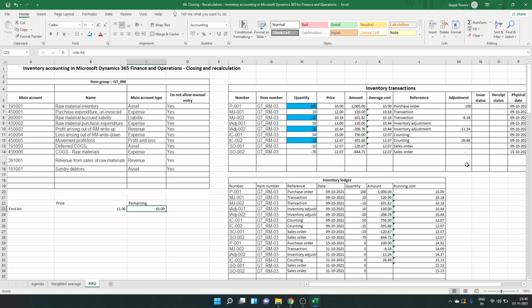So this 10 quantity will be settled from this lot itself because we have still 45 quantity remaining from the first lot.